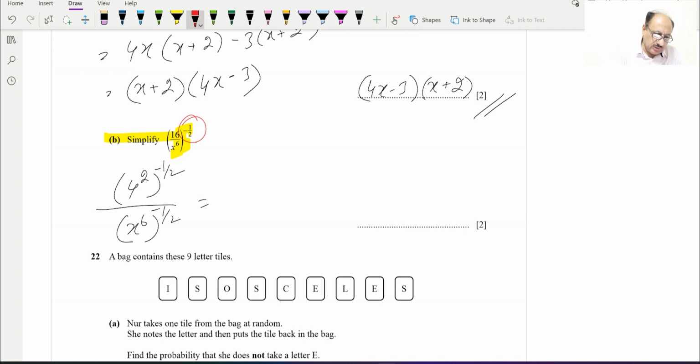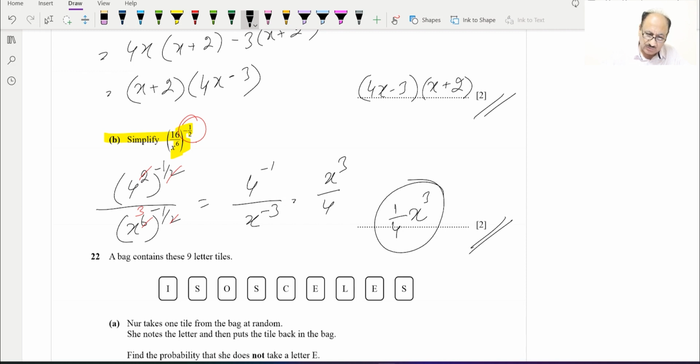Further we can cancel this 2 with 2, and this 2 with this, there will be 3, and we can write 4 raised to the power minus 1 over x raised to the power minus 3, and we can swap it. It will be x cubed over 4, and this will be our final answer. Like this one will be 2 marks.